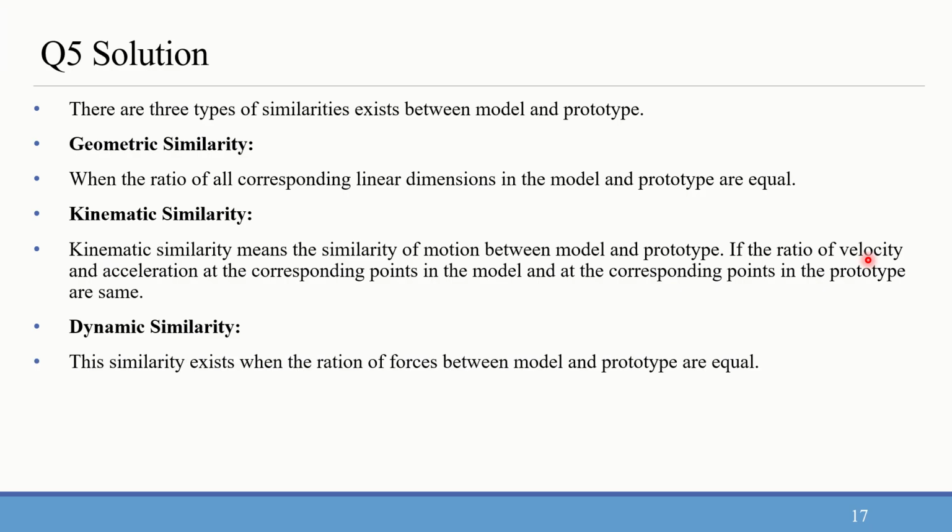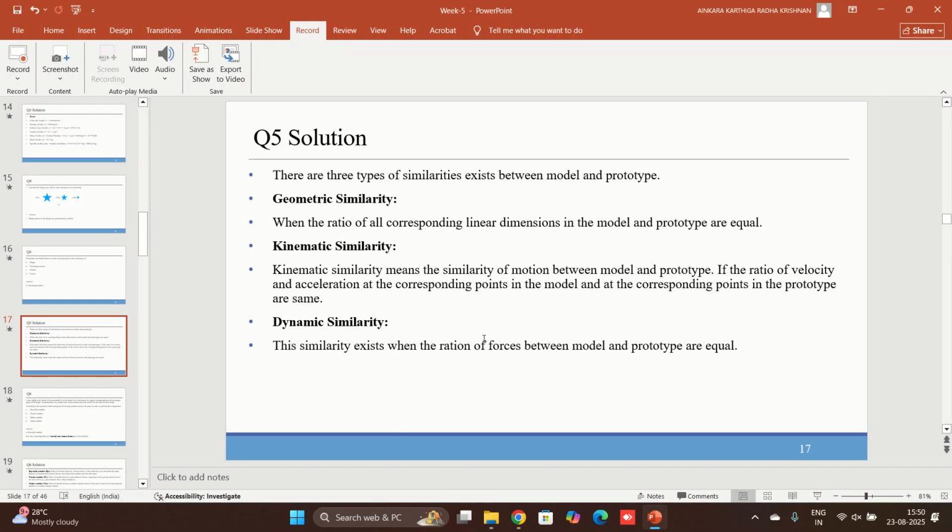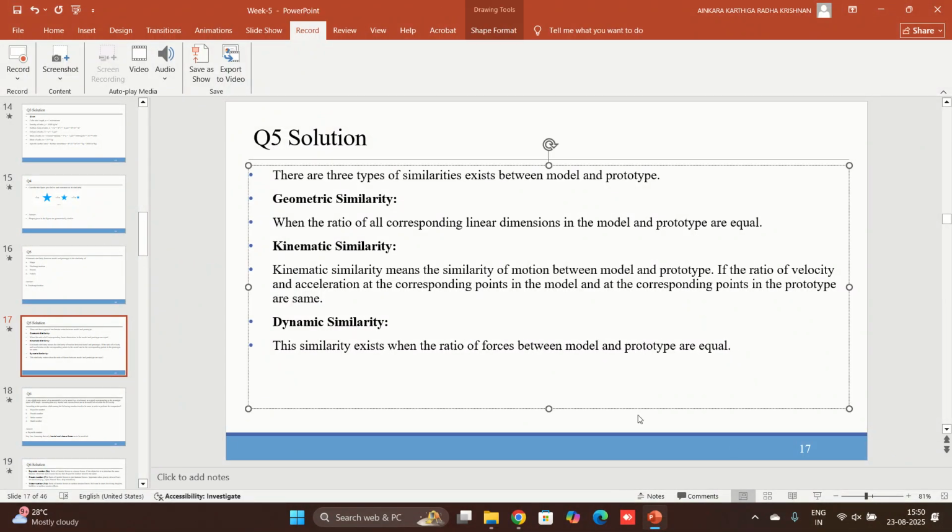Last one, we have dynamic similarity. The similarity exists when the ratio of forces between model and prototype are equal.